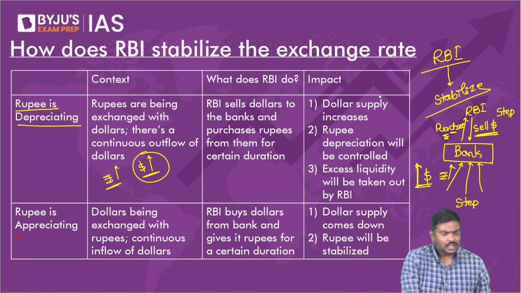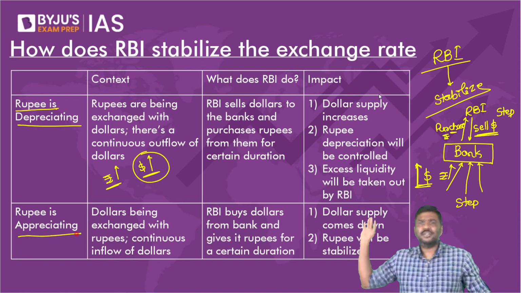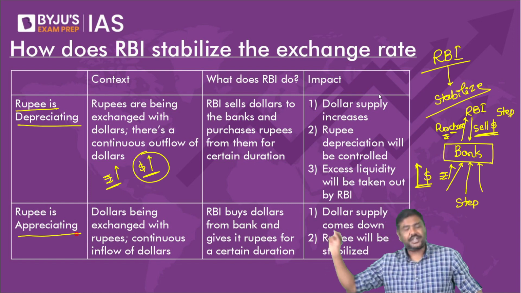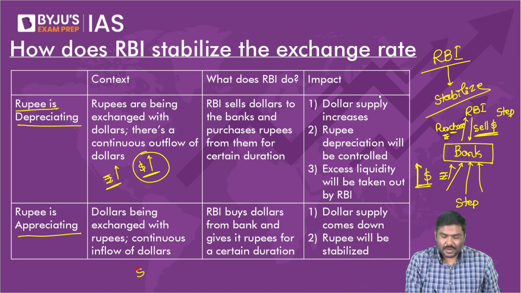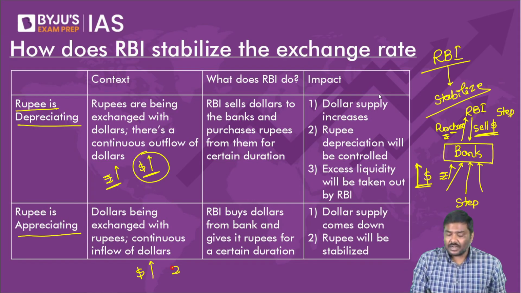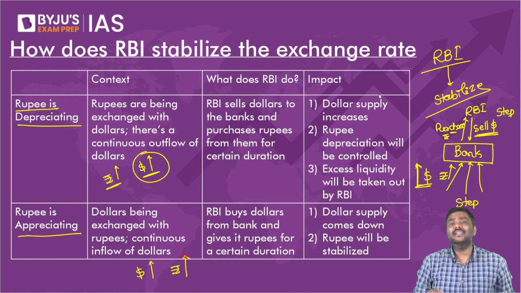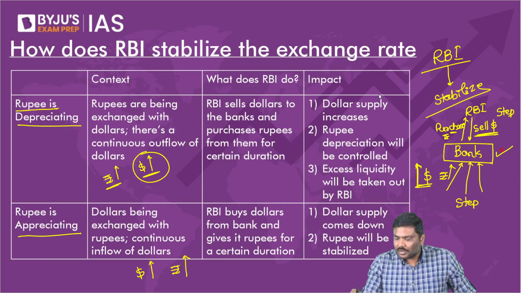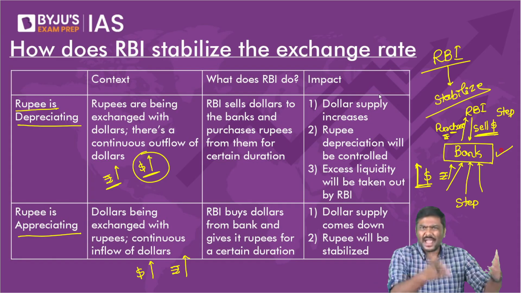Now, can RBI do the opposite also? Of course, yes. Imagine the rupee is continuously appreciating. Means what? Supply of dollar is very high in the market, and demand for rupee is also very high. So now what does RBI do?